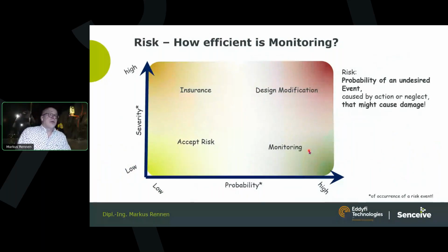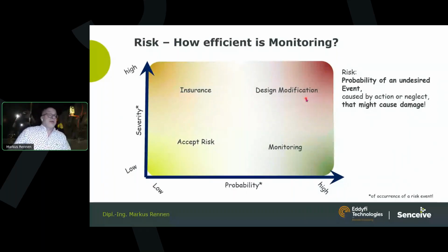So here we have a scheme where we plot the probability of an unexpected event against the severity. It's a very simple idea. If the probability is high and the impact is high, then of course we have to modify the design of the project.